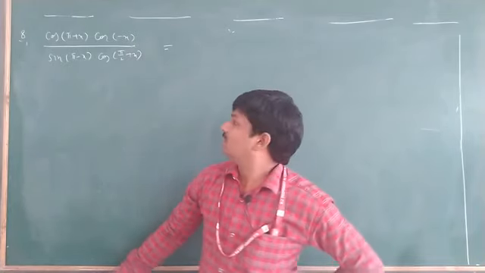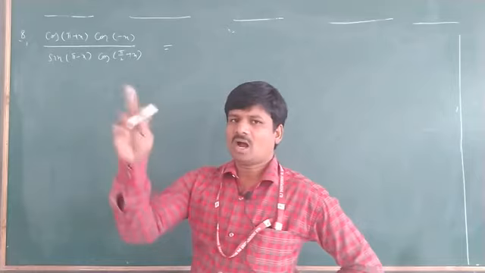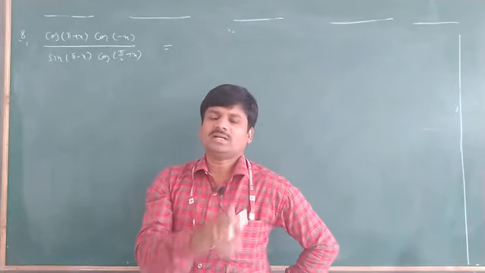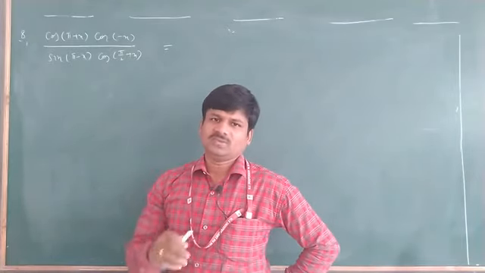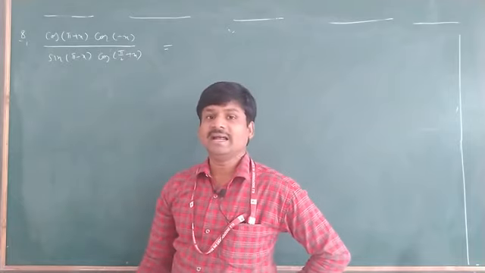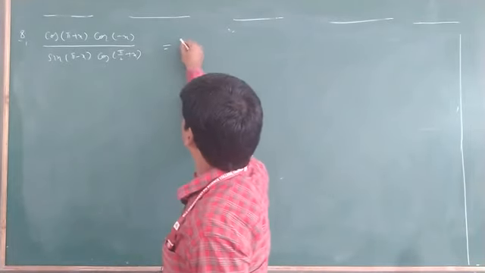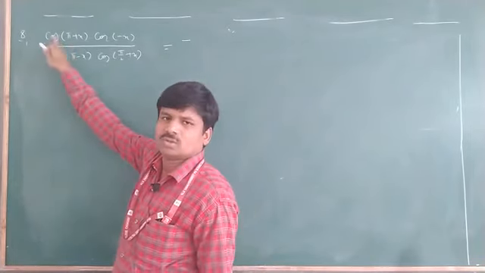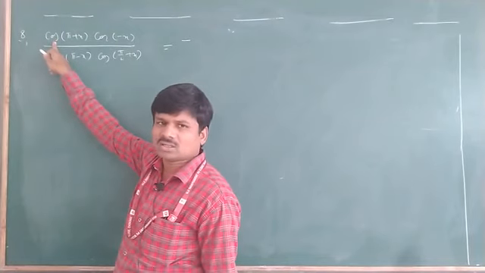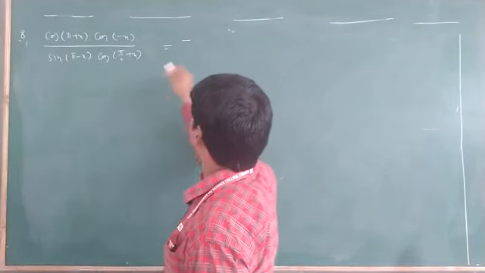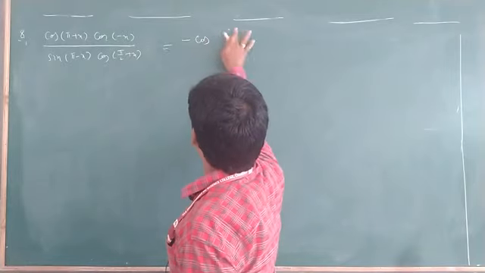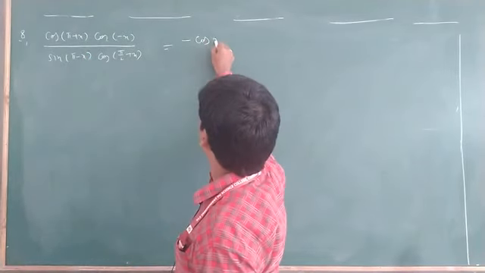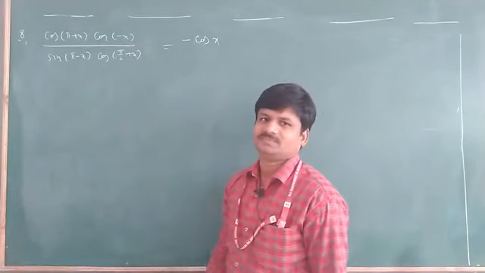In the third quadrant, is cos positive or negative? All Silver Tea Cups: in the third quadrant tan, cot are positive. The rest of the trigonometric ratios are negative. So cos is negative here, minus. It is 180, so the trigonometric ratio cos does not change. So cos stays cos only. Cos theta, theta means x. So minus cos x.